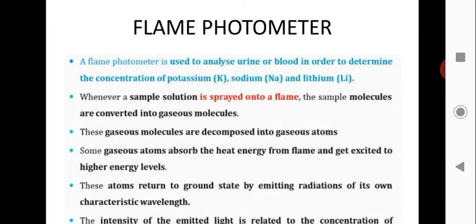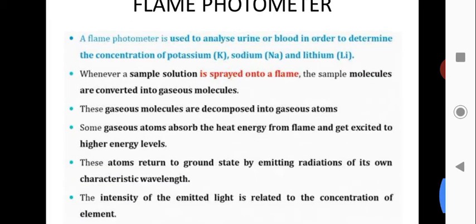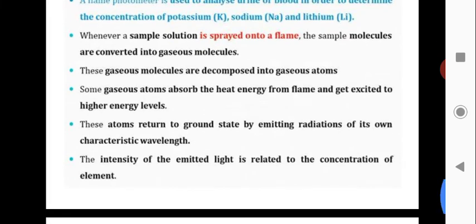Some gaseous atoms absorb the heat energy from the flame and get excited to higher energy levels. These atoms return to the ground state by emitting radiation of their own characteristic wavelength. The intensity of the emitted light is related to the concentration of the element.